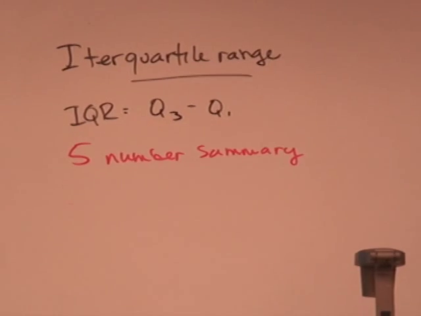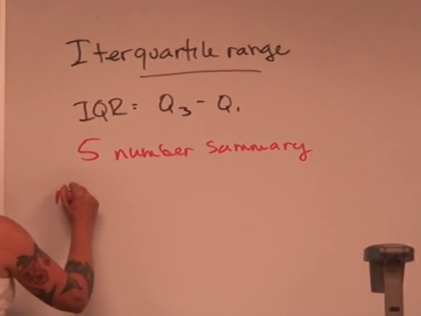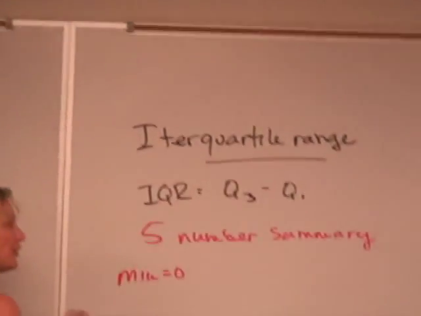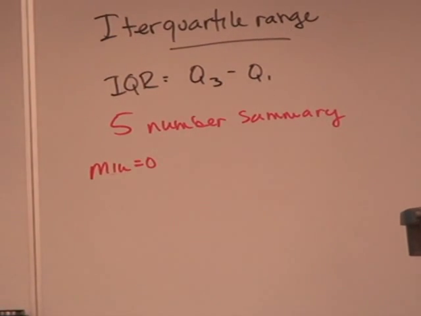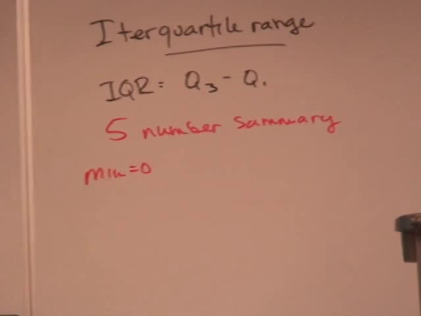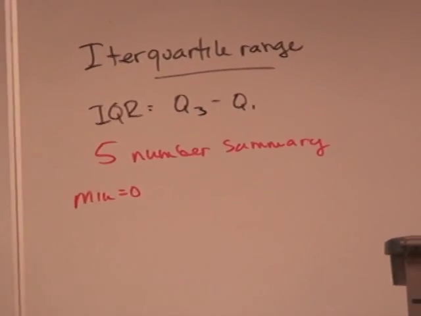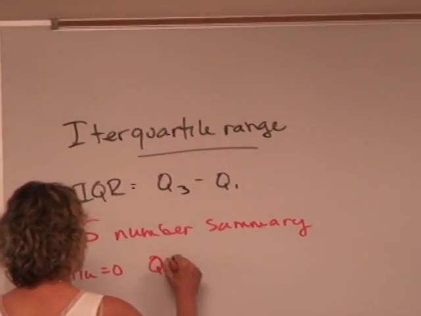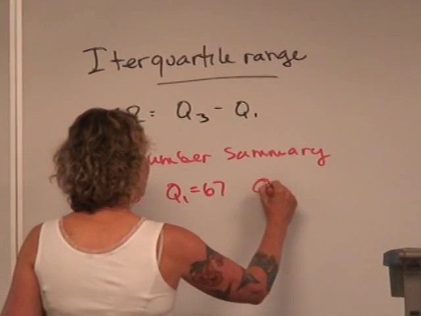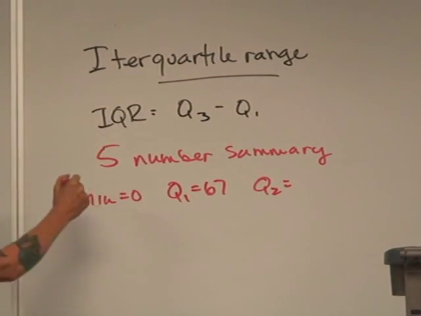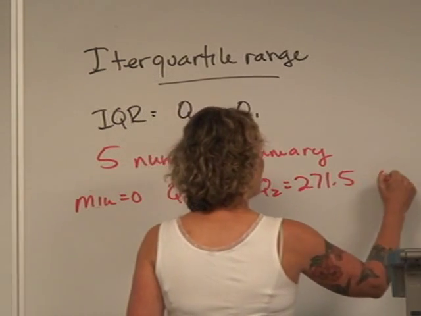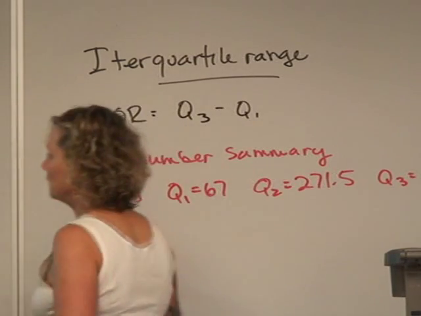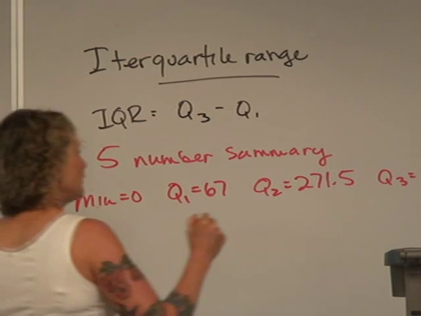Your min is 0. And generally, the 5-number summary would be written in order, from min, Q1, Q2, Q3, max. Q1 is 67. Q2, also called the median, is 271.5. Q3, let's see, 476.